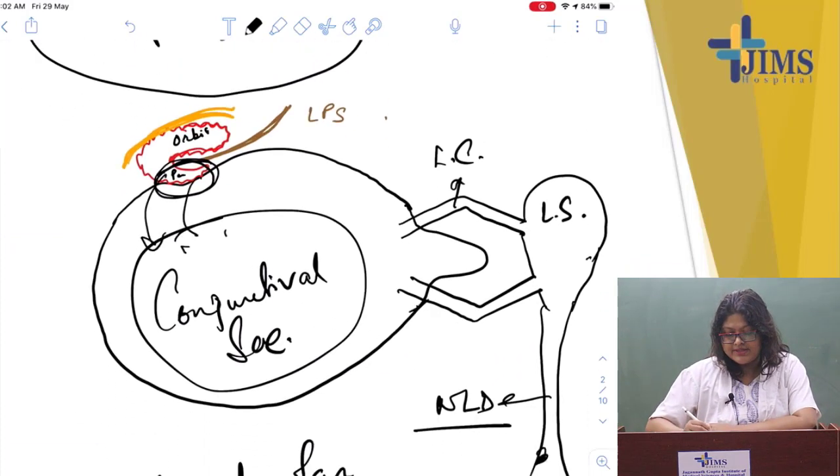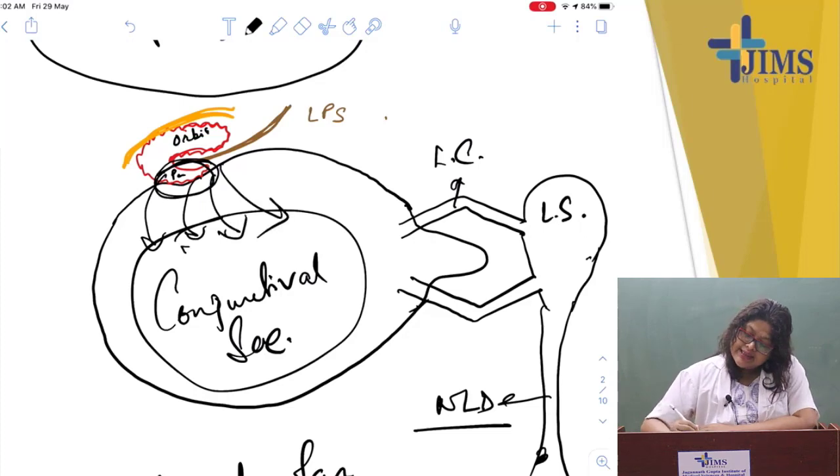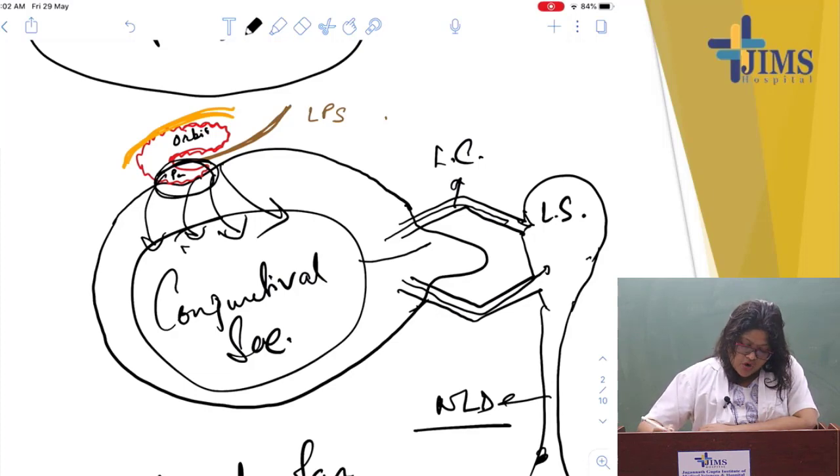It is pouring its tear into the conjunctival sac, and then this tear will come through the lacrimal canaliculi to the lacrimal sac.